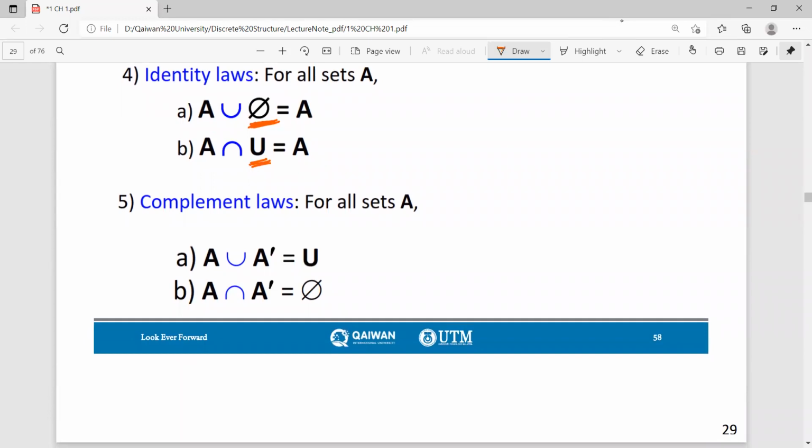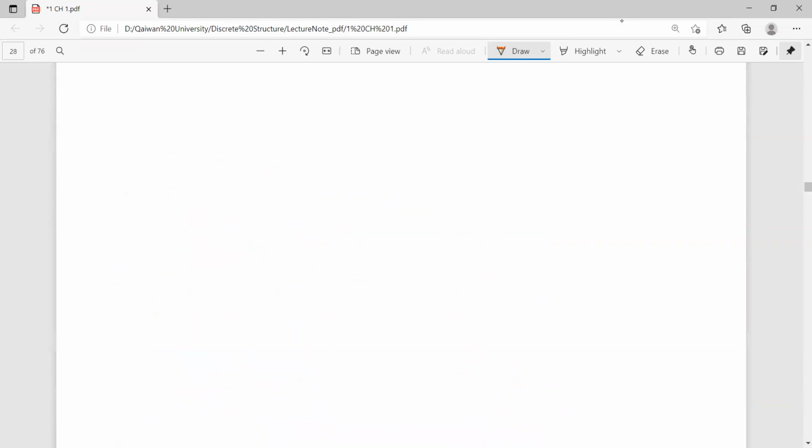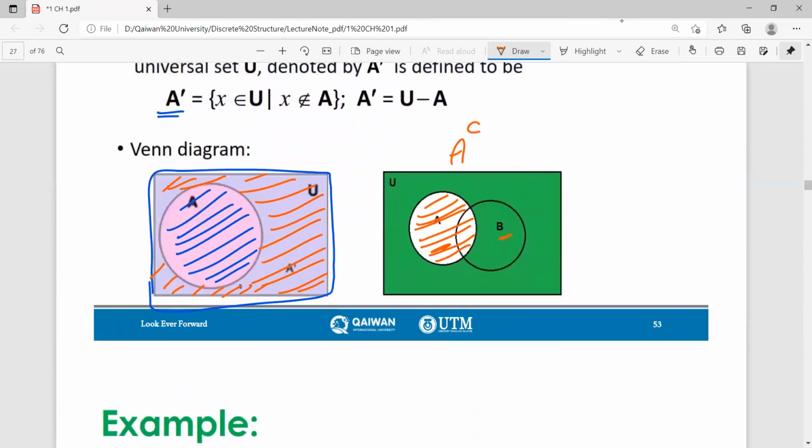And the complement law: we say to find the union of a set with its complement. Let me return to the Venn diagram here about complement. We say this is A, and this is A complement. The union of these two is the universal set.